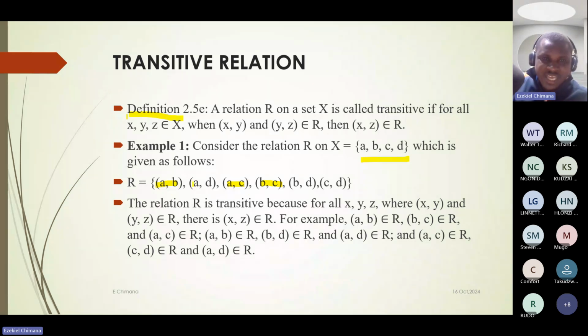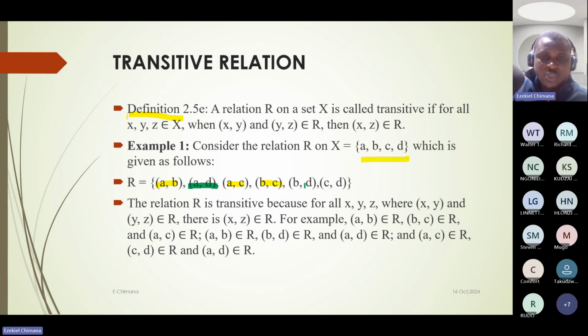So if you have got (A, D) and D something, do you have D something? No, we do not have D something. Then we have got (B, D).